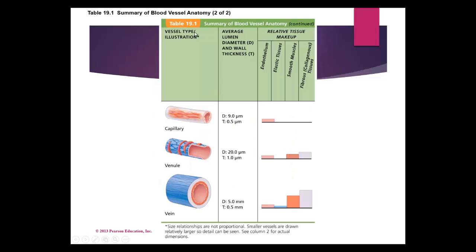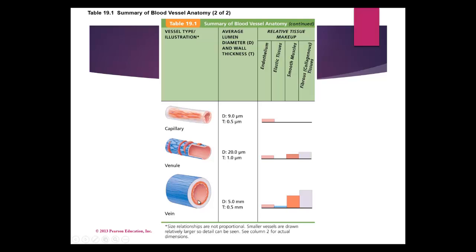So this is just summarizing the three different vessels in terms of the venous circulation. If you look at the capillaries, again, we don't see a lot of other tissues other than the endothelium. The venule has a little bit of muscle to it, so we do see some smooth muscle around the venule, but not a lot.